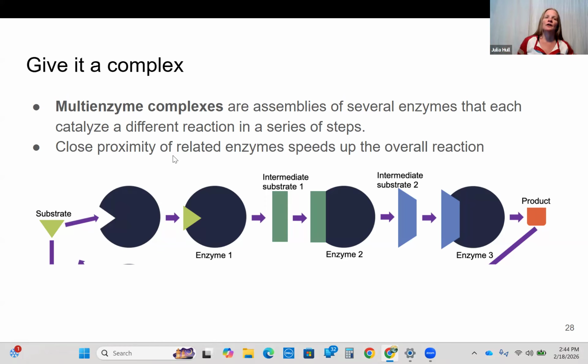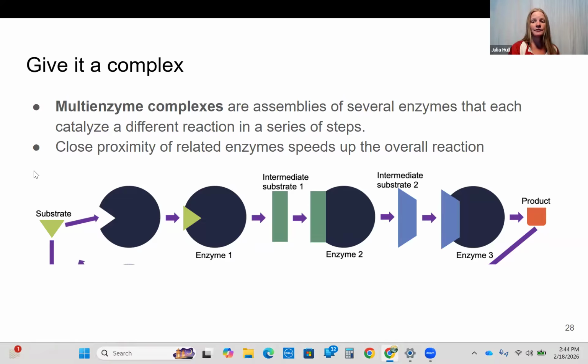You're not running from this side of the brewery to that side for that step, and then running over here and then over there. You're just going to line these things all up so that you can be really fast and effective with this process. Same thing is happening at the cellular level, on this protein level, where we're taking our substrate, doing our reaction, taking that product, and handing it to the next person in line. They're taking it, doing what they need to do, handing it to the next person in line, and so forth.